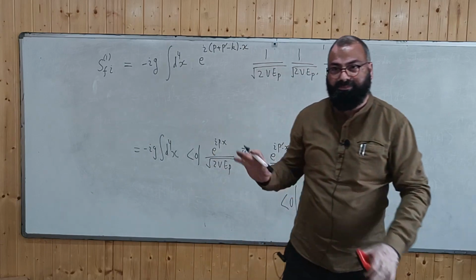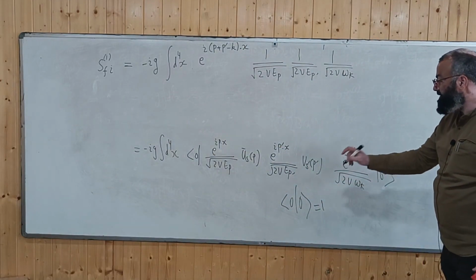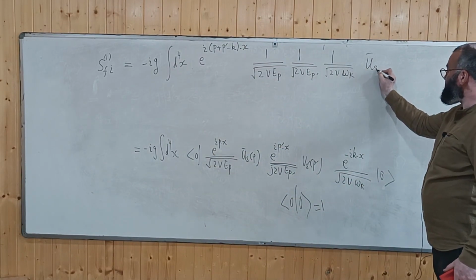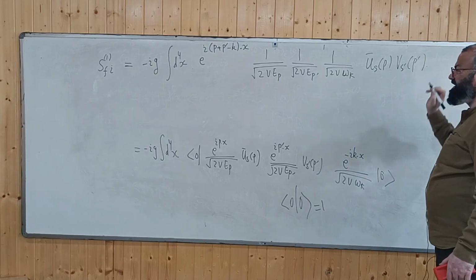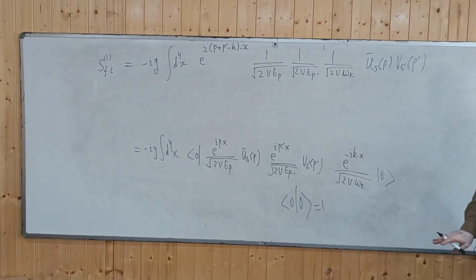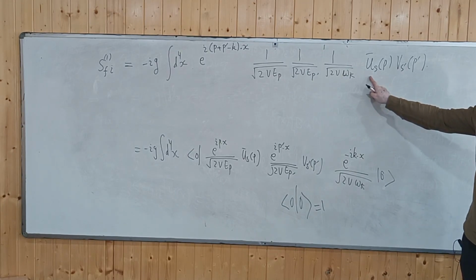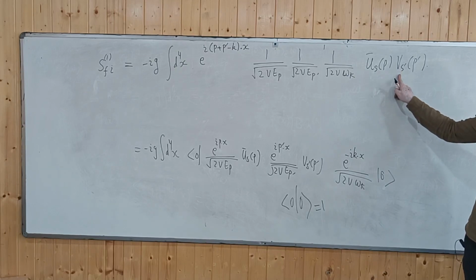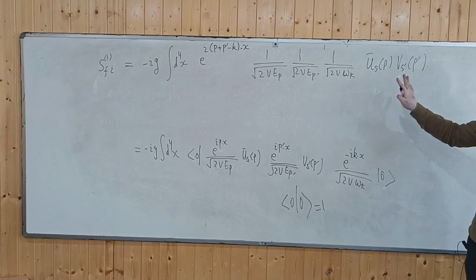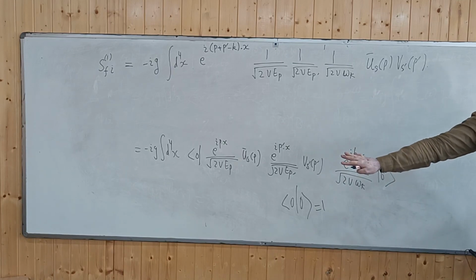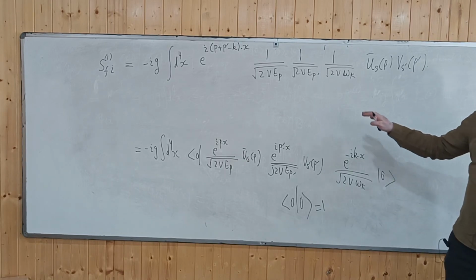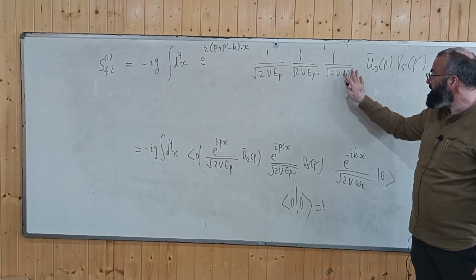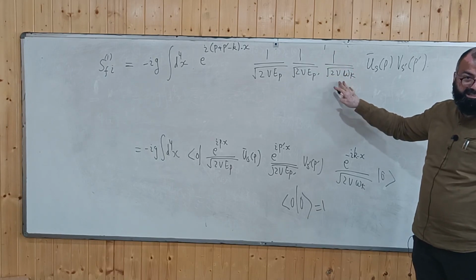Then you are having u bar s of p and v s prime of p prime. What does this u bar represent? Electron in the final state, and v_s represents positron in the final state. There isn't any kind of spinor function that represents the boson. Only the factor which corresponds to the initial boson is this factor, and there is no other factor.